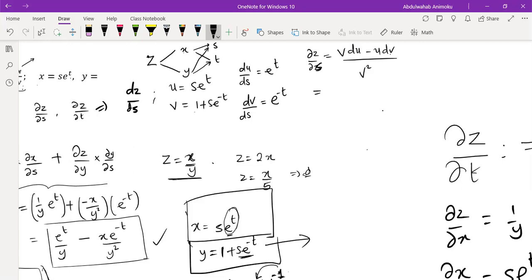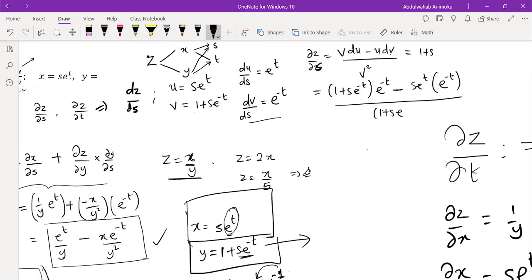Now let's write that. What is v? V is 1 plus s e raised to power minus t. Du, we got du, which is e raised to power t, minus u, what is u? s e raised to power t, times dv, what is dv? e raised to power minus t, all over v squared, which is 1 plus s e raised to power minus t squared.